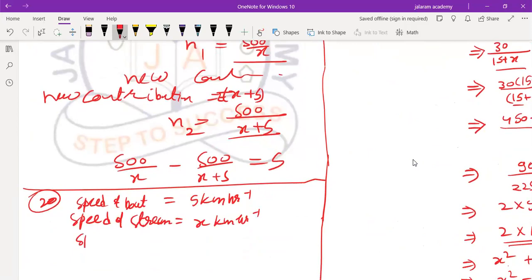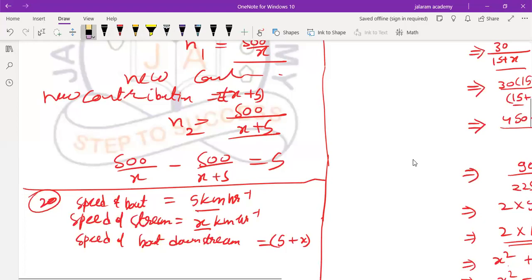Then the next thing is speed of boat downstream. It will be obtained by adding speed of boat and speed of stream, 5 plus x kilometer per hour.